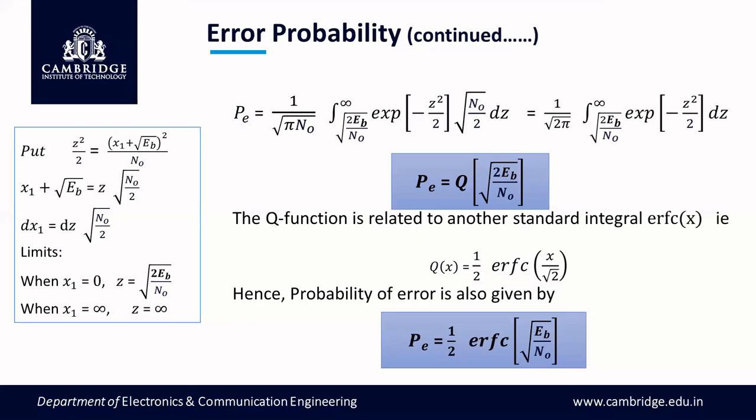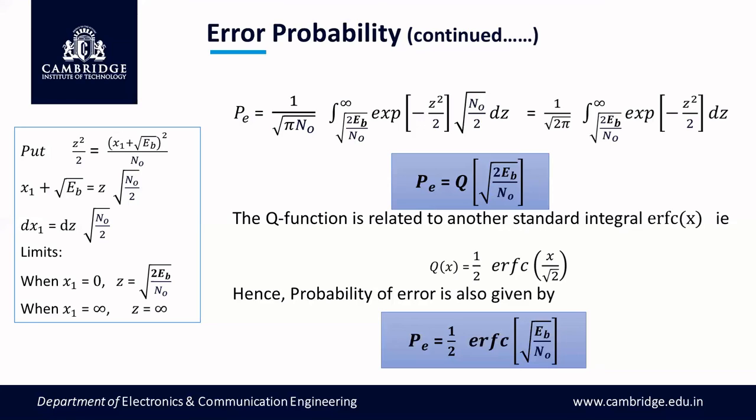That means out of the given transmitted bits, how many bits are erroneous? Suppose 10 power 6 bits are transmitted, out of which 1 bit is erroneous, then the BER value is 1 divided by 10 power 6, that is 10 power minus 6. This is how to find BER, which is nothing but probability of error. Both are the same.